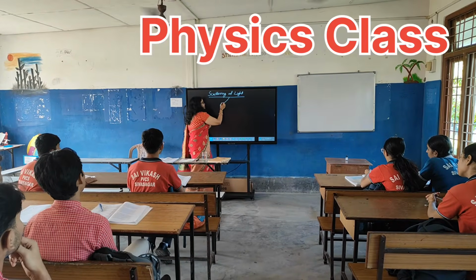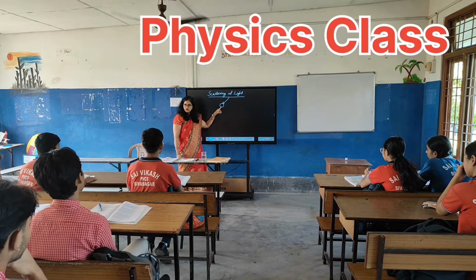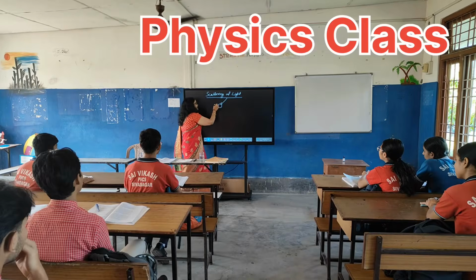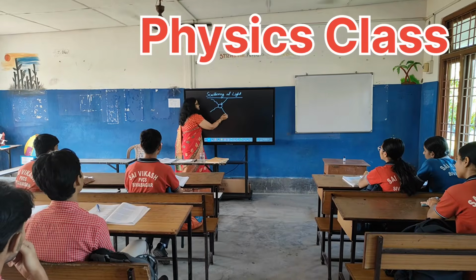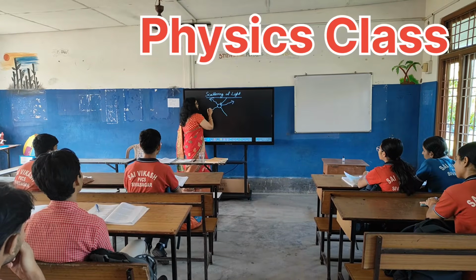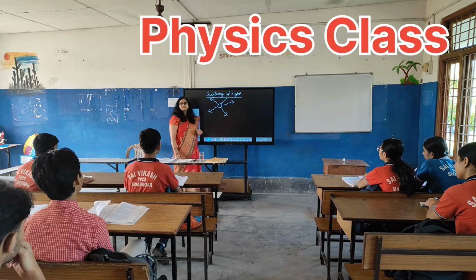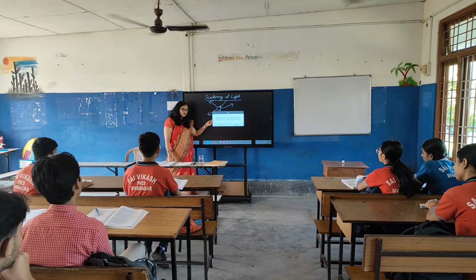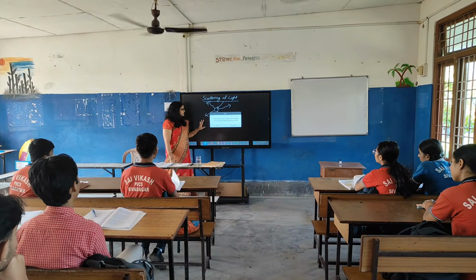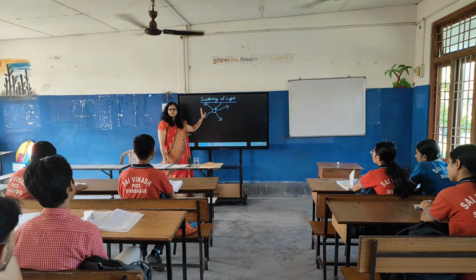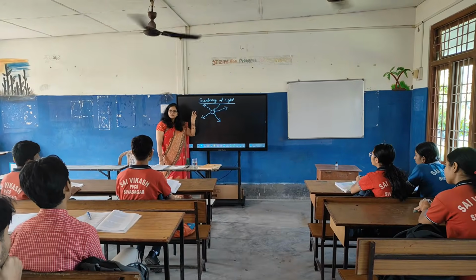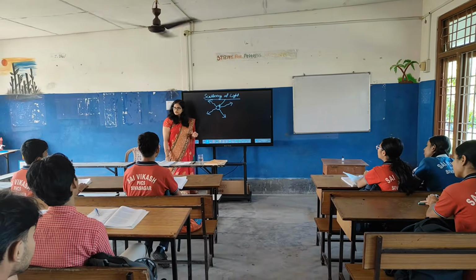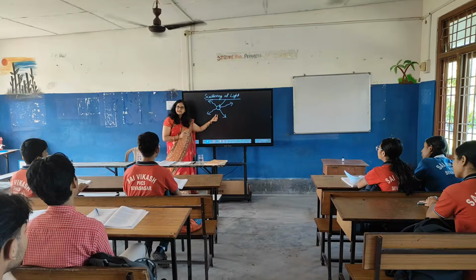When the sunlight falls on this, the dust particle will absorb the light and scatter it in all directions. In different directions it will scatter the light. This phenomenon is called scattering of light. The scattering of light is the phenomenon through which light scatters in different directions when it falls on any particle. According to the size of the particle, the scattering of light occurs, depending on the size of the particle.